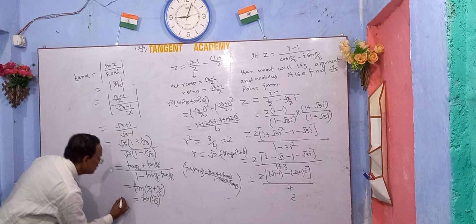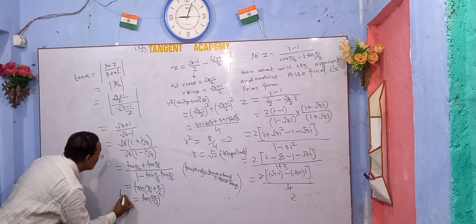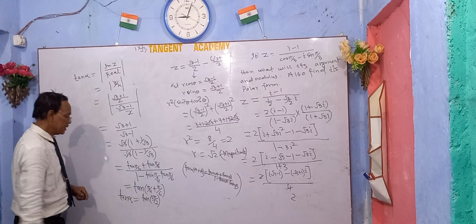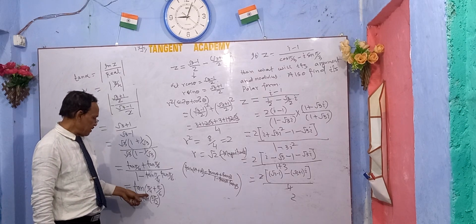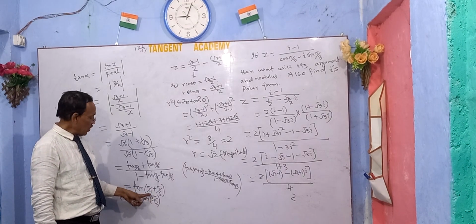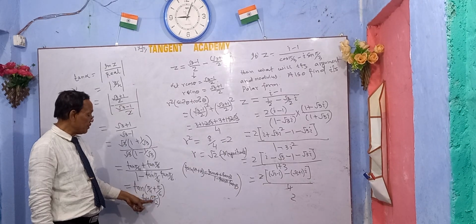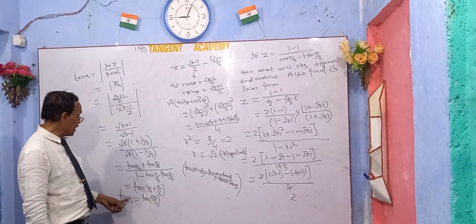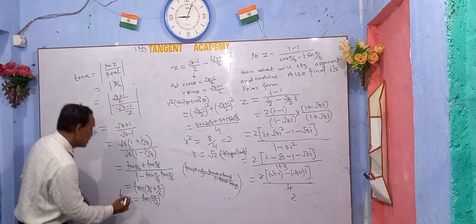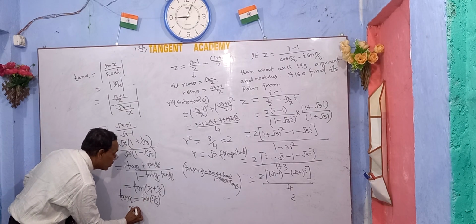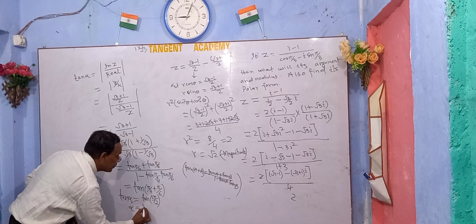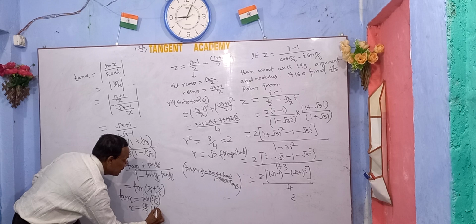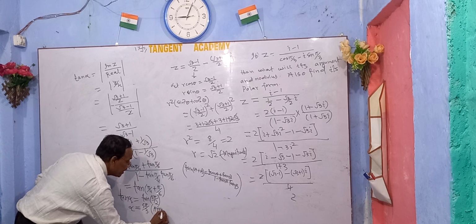So we have got tan alpha is equal to tan 5 pi by 12. Obviously 5 pi by 12 is an acute angle, so we can compare both these angles. Therefore alpha, which is called the argument, is equal to 5 pi by 12.